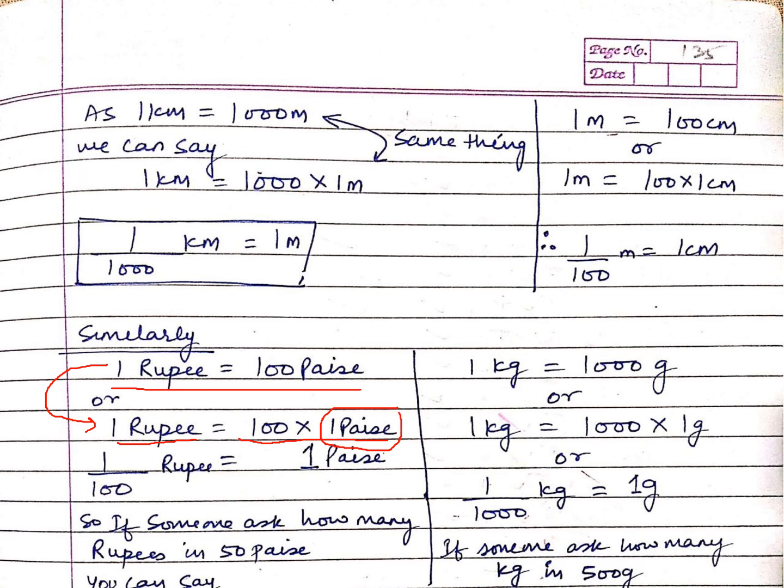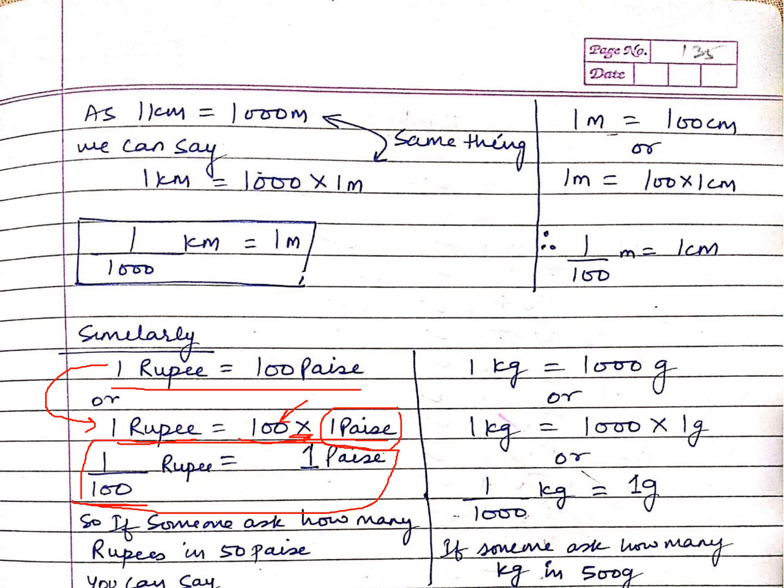I've told you to isolate: you have to take every extra thing to the other side. You can observe this 100 is extra over here. Here it is getting multiplied, so when it goes to that side, it comes in division. That is why 1 paisa is equal to 1 upon 100 rupee. I know it looks a little awkward in division, but trust me, after some time you will be habituated to this.